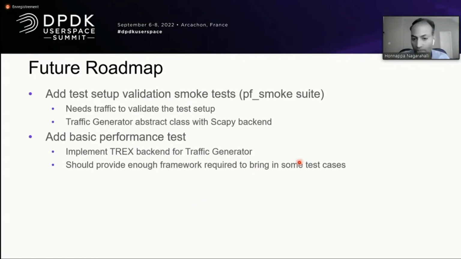We don't know what those additional test cases are that we bring in, but I would think test cases involving ethdev with the NIC cards would be something that we would target as the first set of test cases to bring in. Those test cases themselves would require changes because we have introduced things like the traffic generator abstract class. We also think we would want to improve the logger.